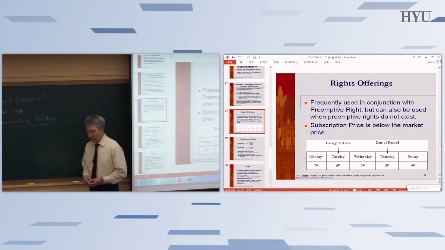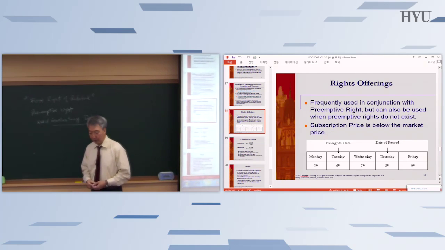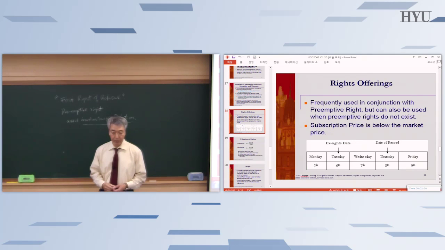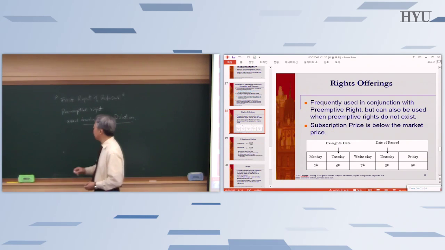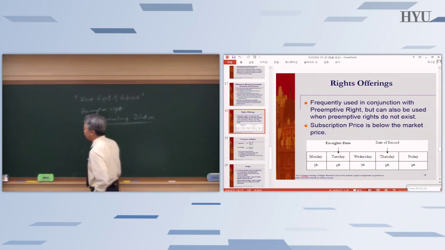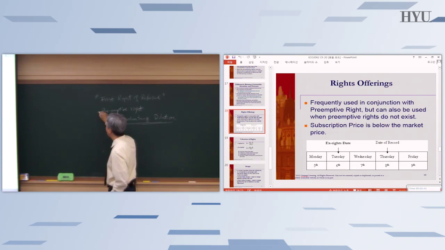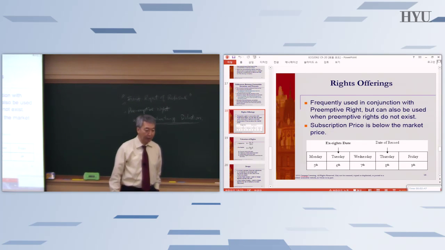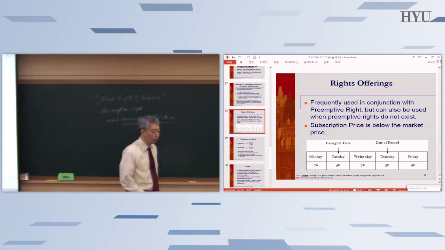So when a company wants to issue new shares, in order to protect their existing shareholders from this involuntary dilution, they give a preemptive right or first right of refusal to their existing shareholders, by allowing them to purchase the new shares first.